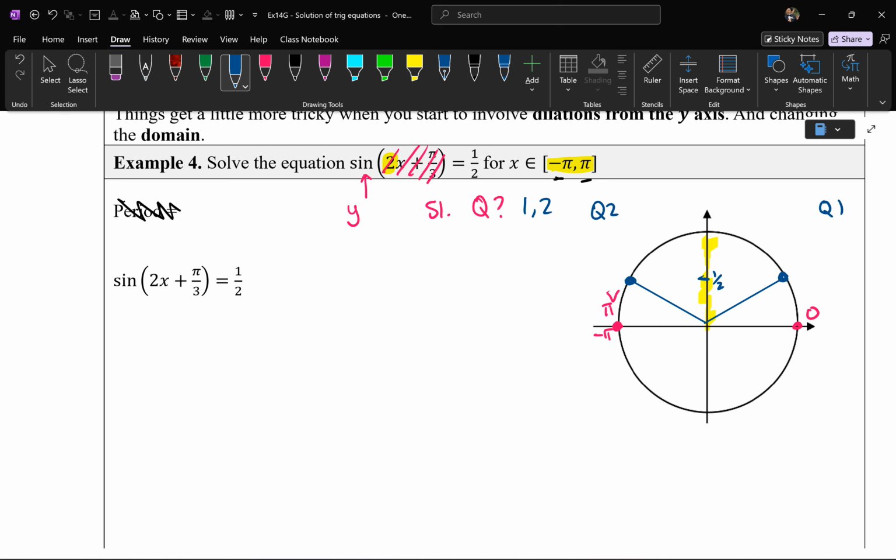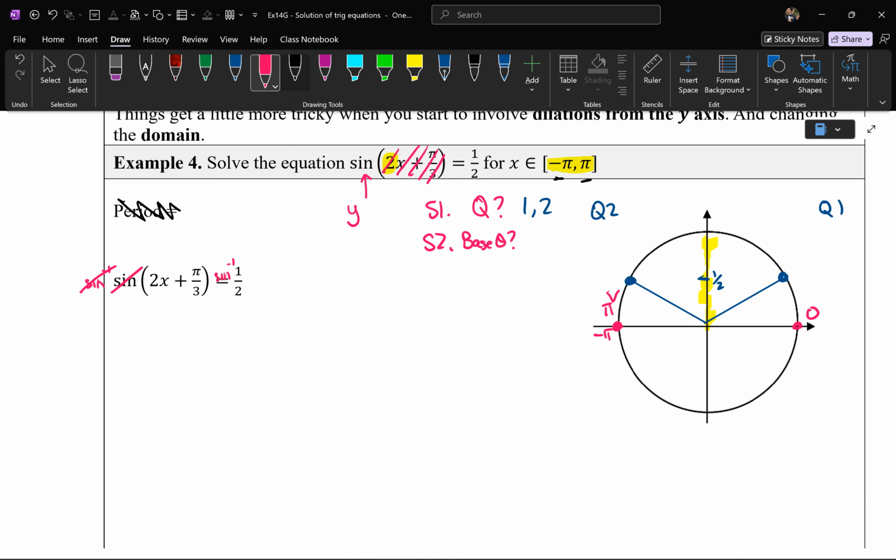Then you've got to ask yourself now, what's step 2? Step 2 is the base angle. Because you want to know how much did you have to rotate to get a height of half. That's what you're asking. So that's what the base angle is. So here, mathematically, all I'm doing is I'm doing sine inverse of both sides. That cancels out.